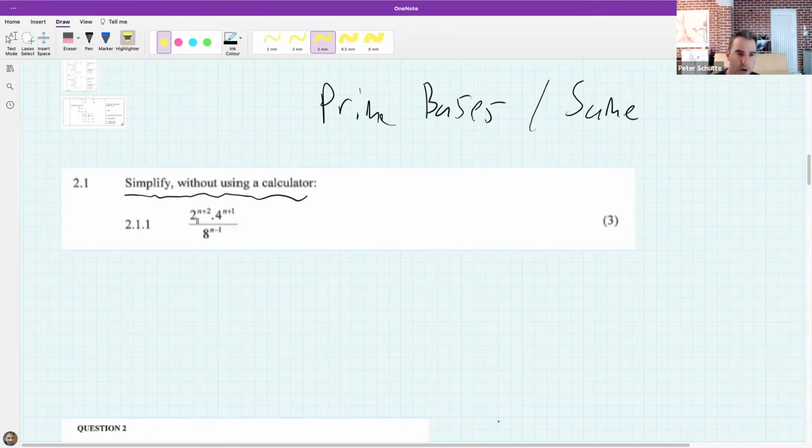In this question at the moment, the one base is 2, the other base is 4, the other base is 8. However, we can do some maths that converts the base from a 4 into a base that would be much more useful. So let's actually ask the class, how are we going to make all these bases the same before we can start the real work of this question?